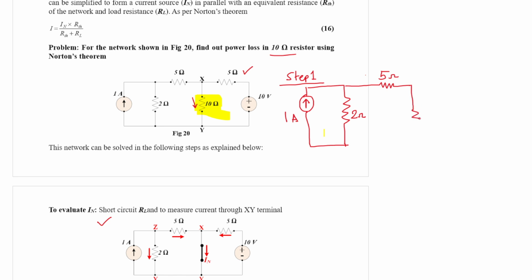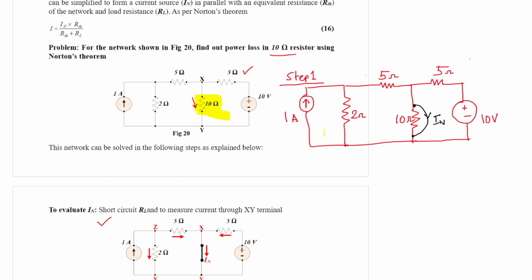Then you have a 10 ohm resistor. Then you have a 5 ohm resistor again. Then you have a 10 volt source. Now you must make this RL shorted, so you must make this a short circuit. So this current is IN.